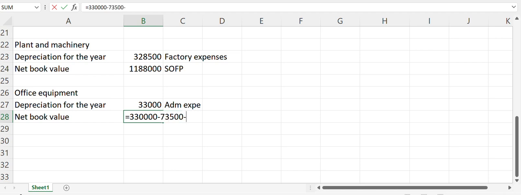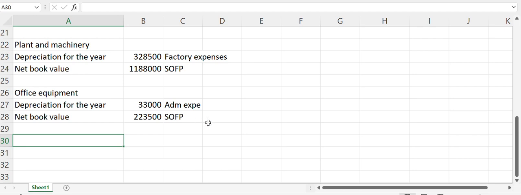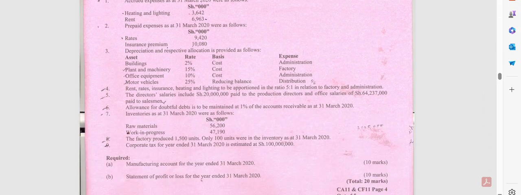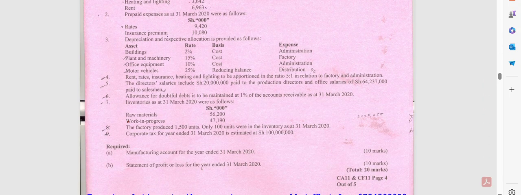73,500. Then you less the depreciation for the year, which is 33,000. So this is the net book value. Then finally, under depreciation, we have another one called motor vehicle.